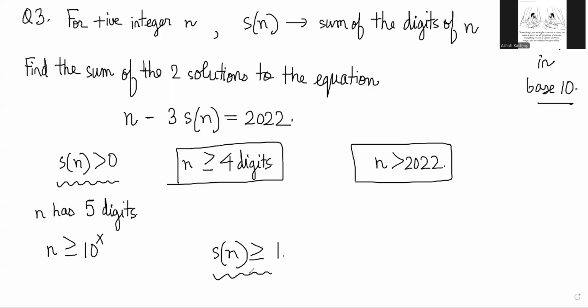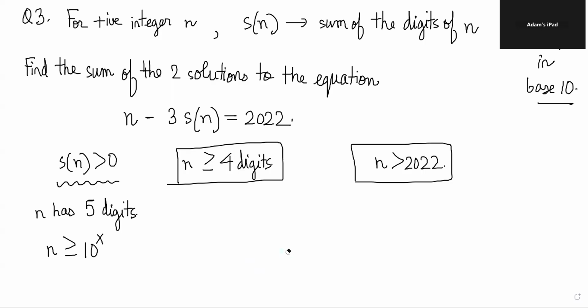I don't understand what you say. Maybe you are on the right track, but for any n with x digits, S of n will be less than or equal to 9x. No?